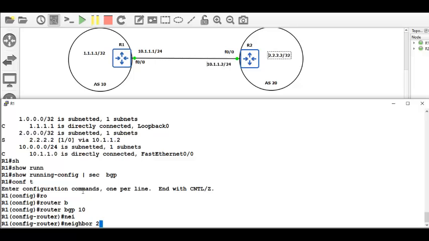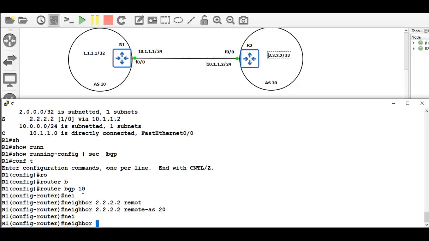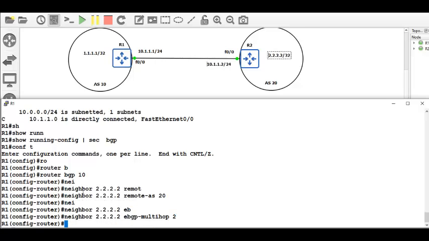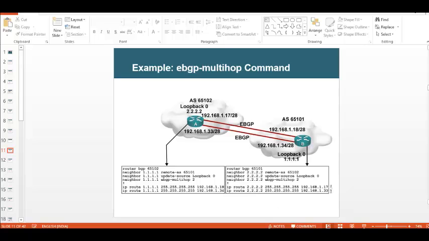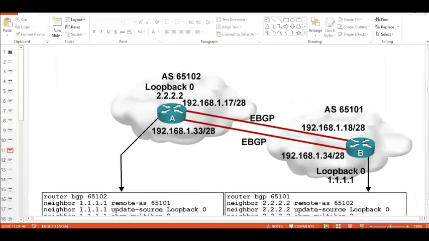Remote AS 20. Neighbor 2.2.2.2 ebgp-multihop 2. So even though we have given this, what we have not given is yesterday's syllabus. The update source loopback 0 command is not given.